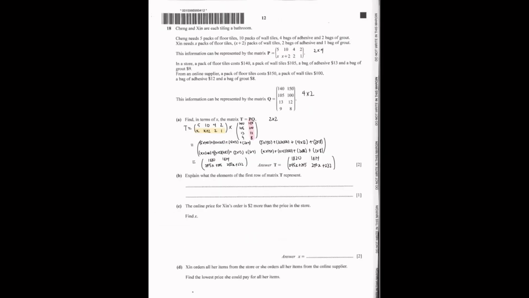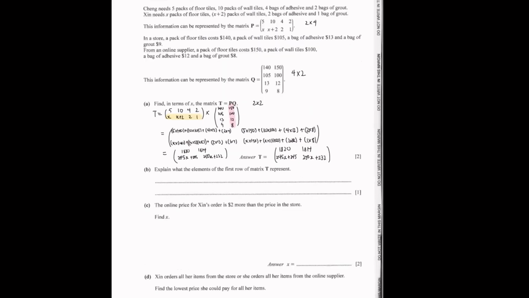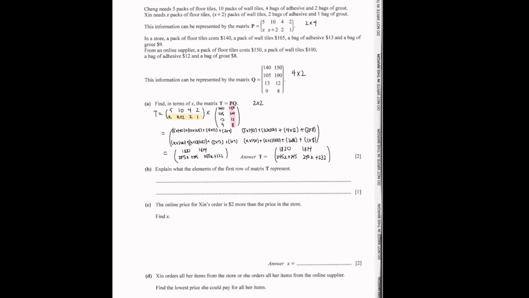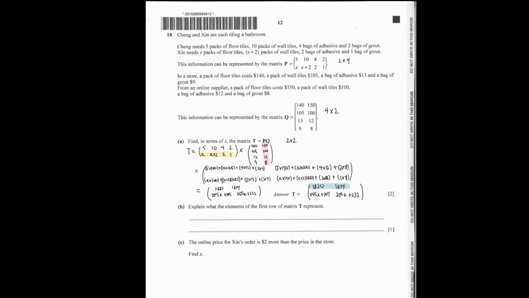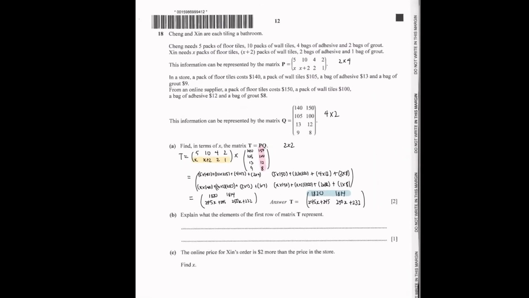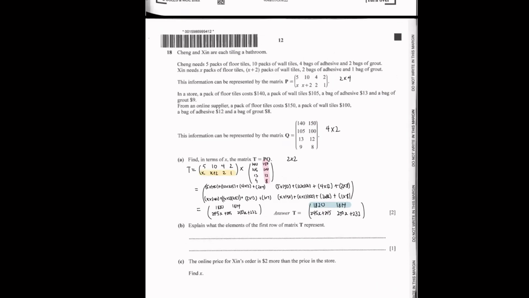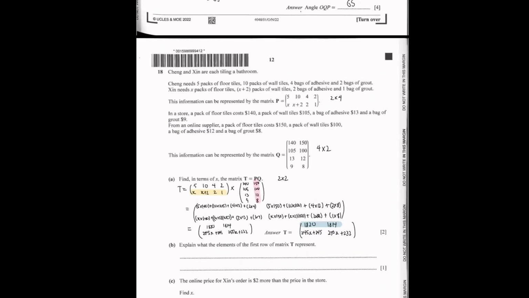Okay, now moving on to part B. So we have to explain what the element in the first row of the matrix T represents. Okay, so what exactly does this row represent? Going back to the information given in the question, let's look at what matrix P actually is.